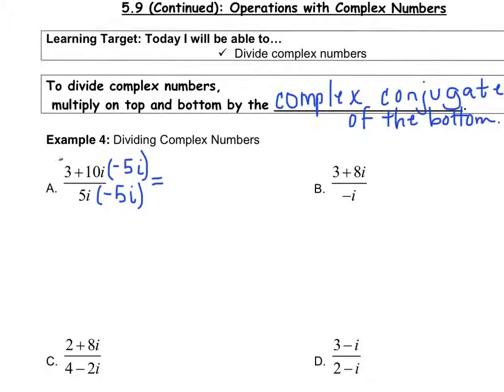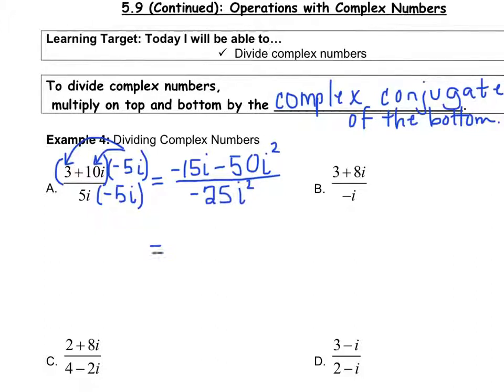So we have to multiply all of that. 3 times negative 5i is negative 15i. Negative 5i times 10i is negative 50i squared. We'll simplify that in a second. On the bottom, 5 times negative 5 is negative 25, and i times i is i squared.